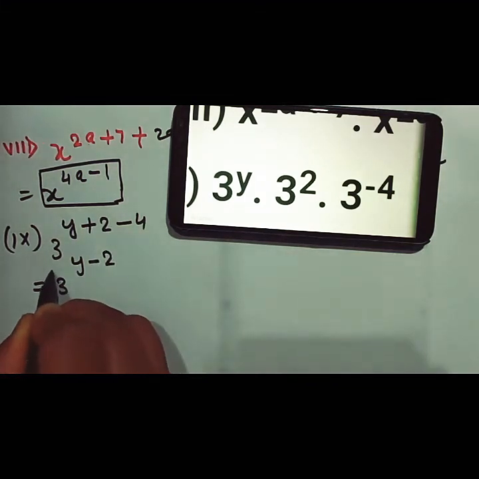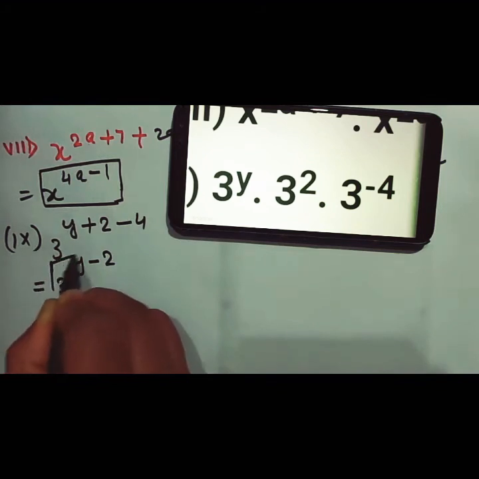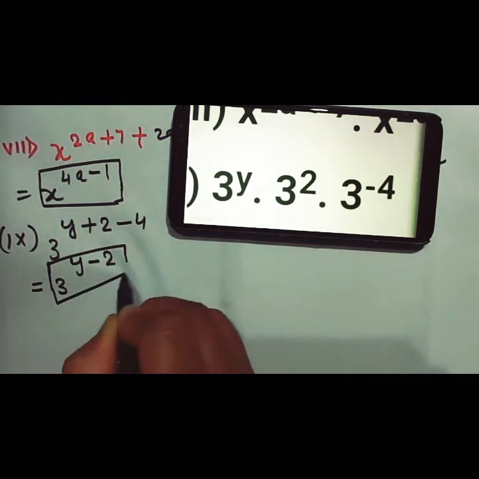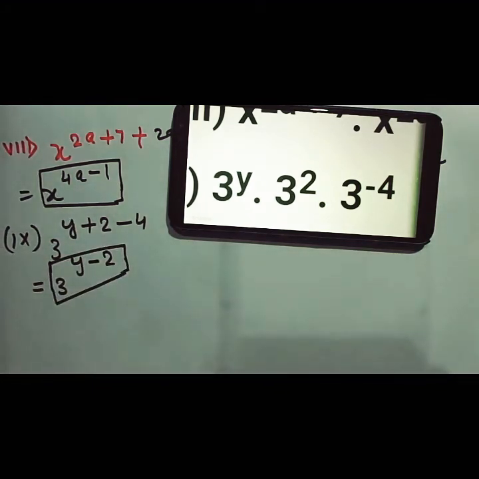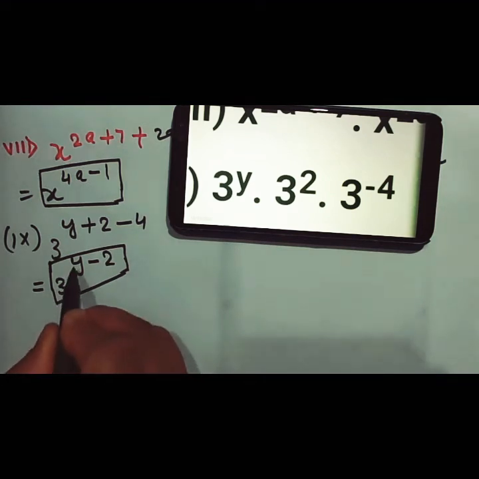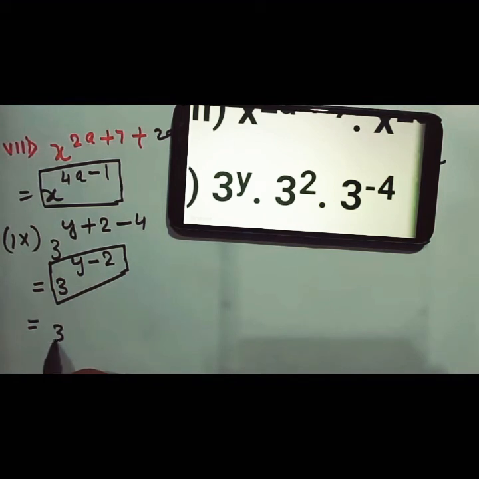So 3 to the power y minus 2 is our solution. Remember that here your power is y minus 2, or you can better write it as 3 to the power (y minus 2), so that it's very clear.